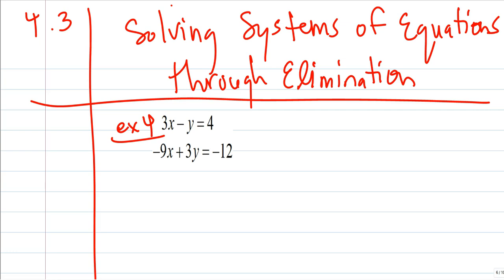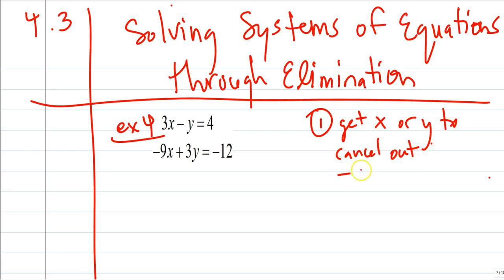It's right here. So if I look at these two, remember step 1 for elimination is I need to get either x or y to cancel out. How does that happen? They must be the same number, but opposite signs.